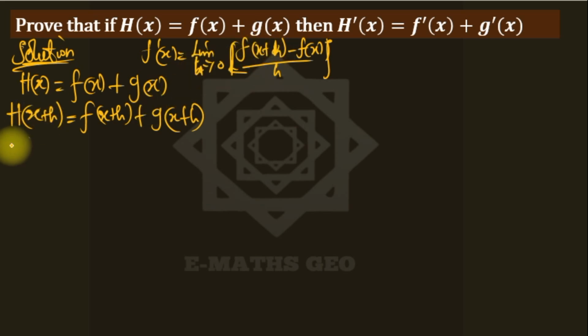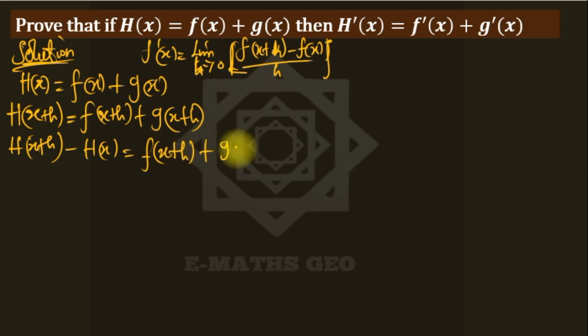The second stage is to subtract the original function from this. So we have f of x plus h plus g of x plus h, minus f of x plus g of x.